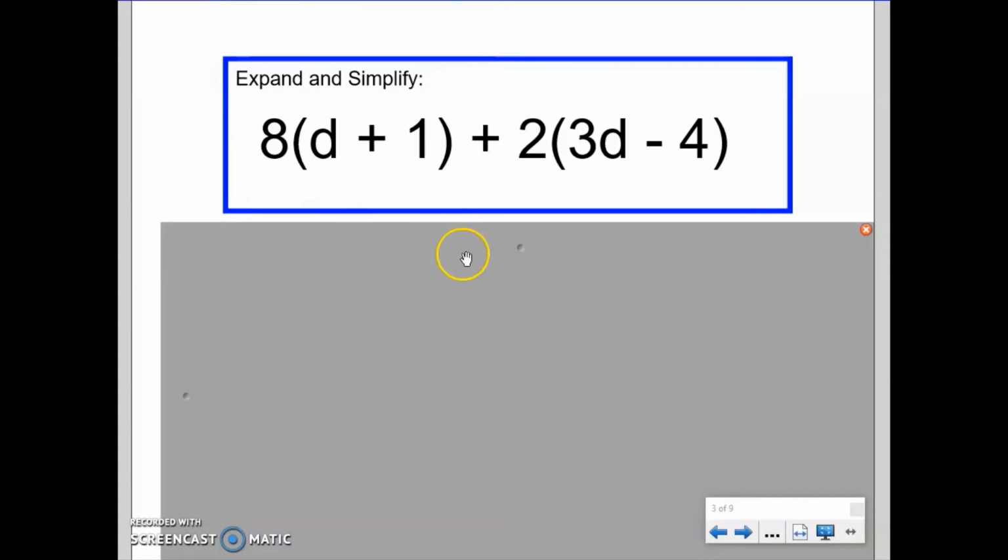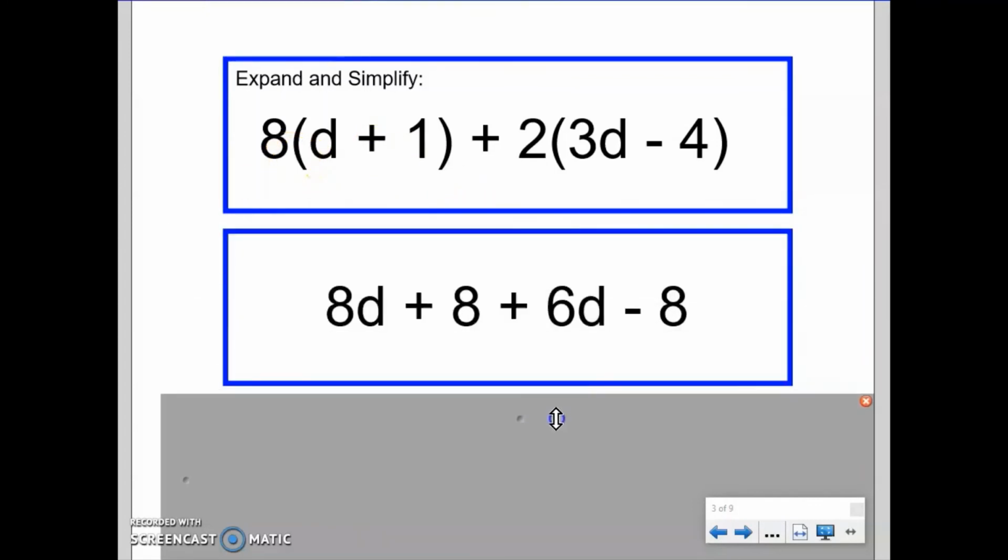Okay, welcome back. Once you've done your expansions, you should be left with this as your expression. 8 times d is 8d. 8 times 1 is 8. 2 times 3d is 6d. And 2 times -4 is -8.